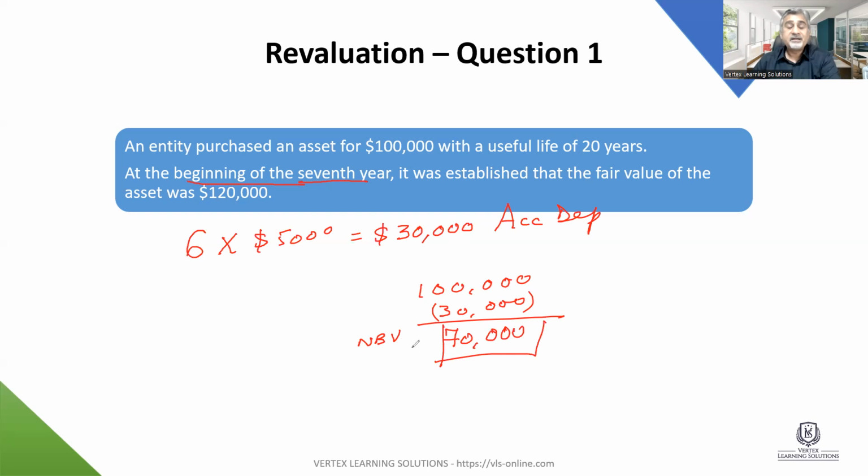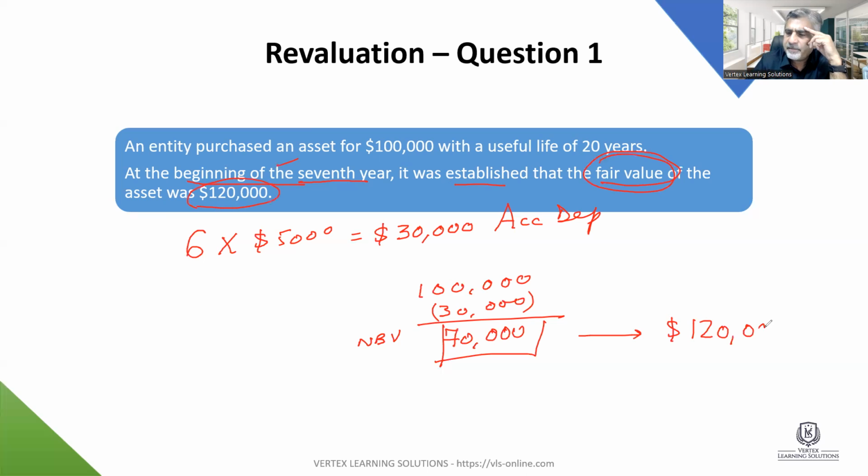At the beginning of the 7th year, or the end of the 6th year, the balance sheet value of this asset was 70,000. And then what do you realize? You realize that the fair value, the market value of the asset, is 120,000.